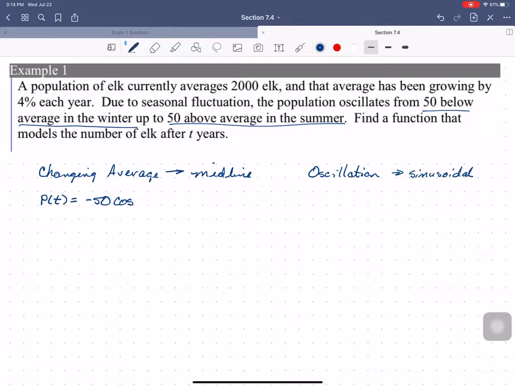What's my period? Well, you might think period is going to be 12 because 12 months, but we're talking about years. So my amplitude is 50.